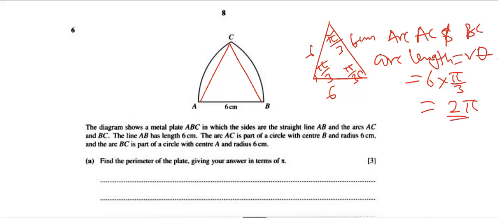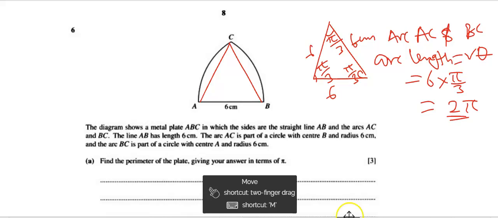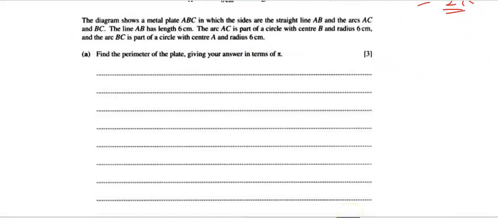So now we can go ahead and find the perimeter. The perimeter is going to be equal to AB plus BC plus CA.